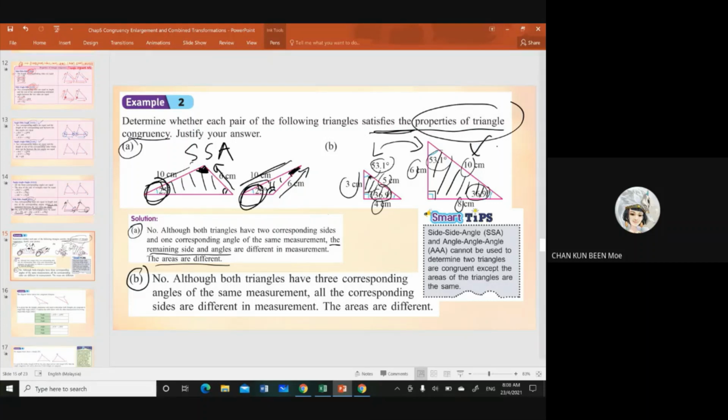This one, angle, angle, angle. Cannot be used to determine 2 triangles are congruent except the areas of the triangles are the same. So you got to remember for these two, side, side, angle, and angle, angle, angle cannot be used unless the areas of the triangles are the same.